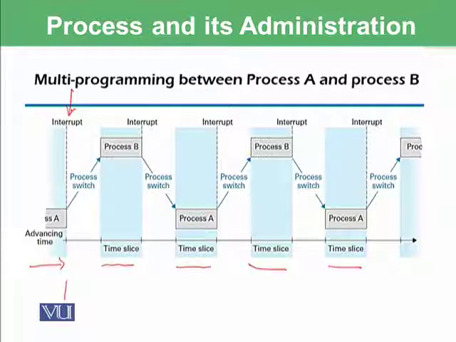Whenever there is an interrupt, there is a process switch, which means saving all of the state of this process and moving to process B, and similarly back to process A, then process B. This gives equal time slices as discussed previously. This is one way of multi-programming between process A and process B.